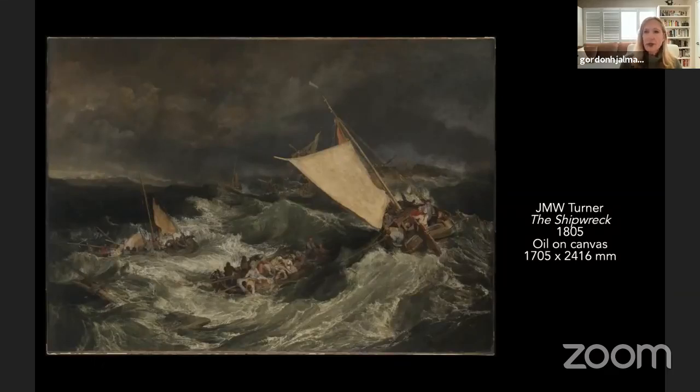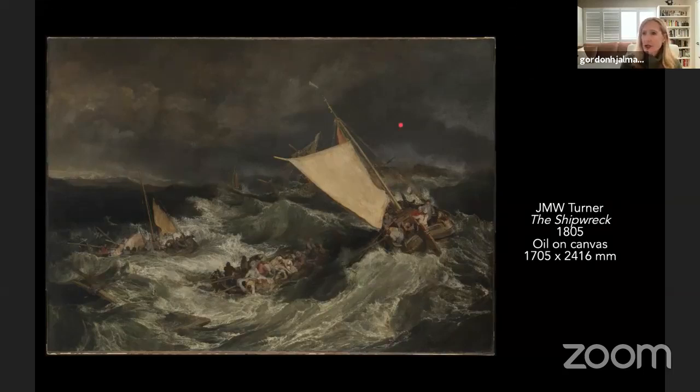He was interested in bridges and buildings, but he was really captivated by the sea. And so he looks to the sea for inspiration. What is also so important about Turner, and if you go to the Tate Gallery in London today, you will see rooms full of Turners.